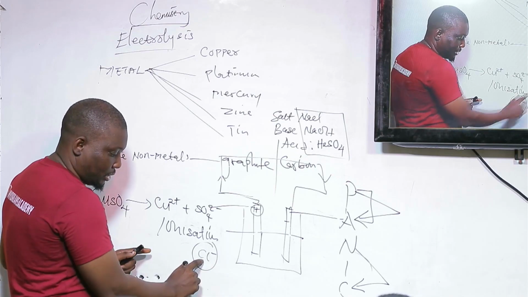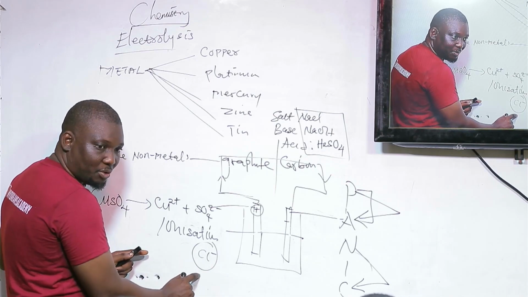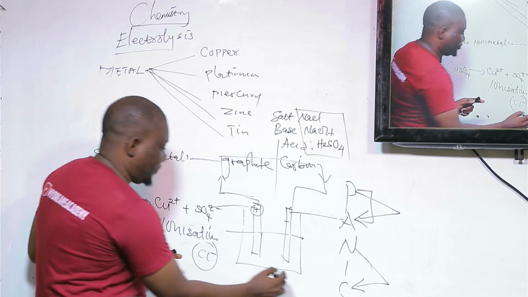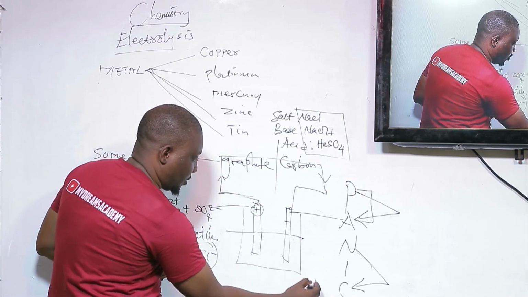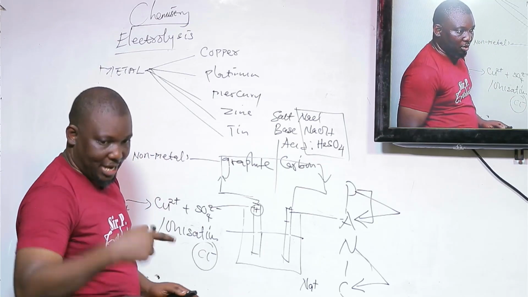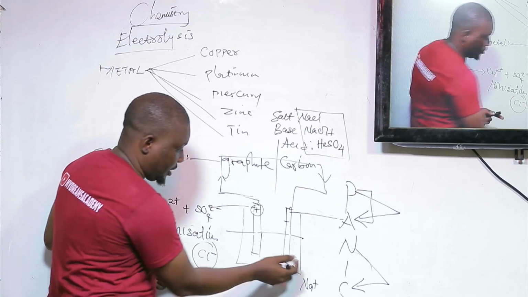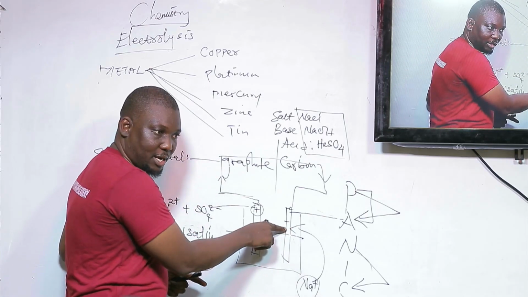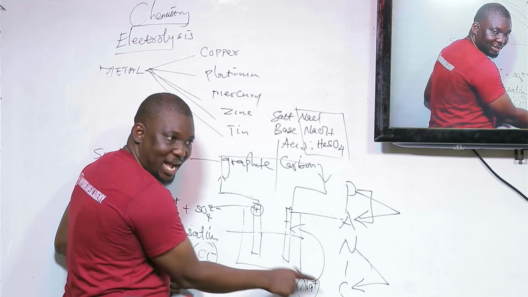So note that anytime you see a negative charge or group of negative charges, it's called an anion because it goes to the anode. Then the positive one, for example, sodium plus, is a cation, because it's positive. Why is it called a cation? It is called a cation because it is attracted to the cathode.